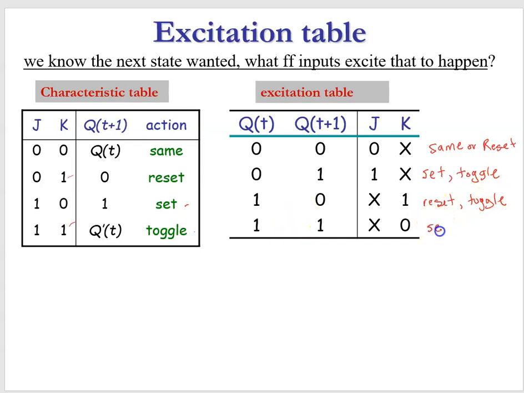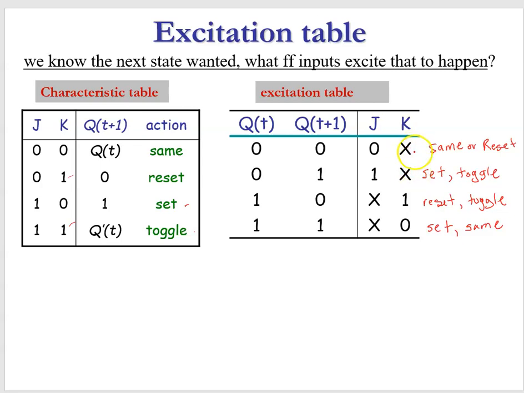If we look up here at set or same, same is 0, 0, set is 1, 0, so K has to be a 0 and J could be either. So this is our excitation table when we have this scenario.